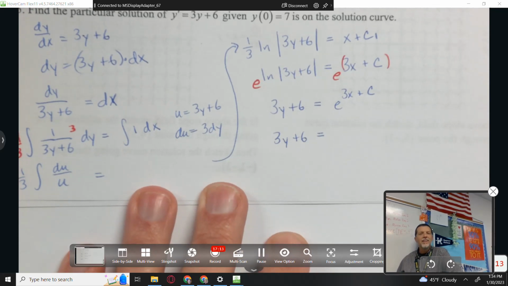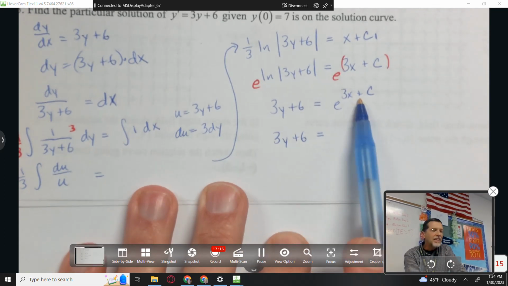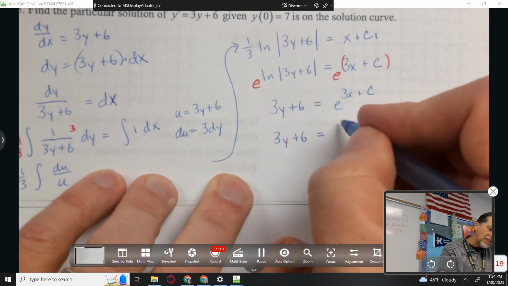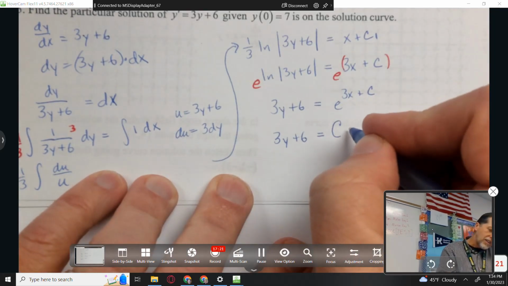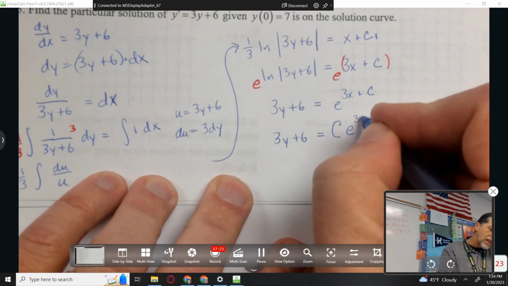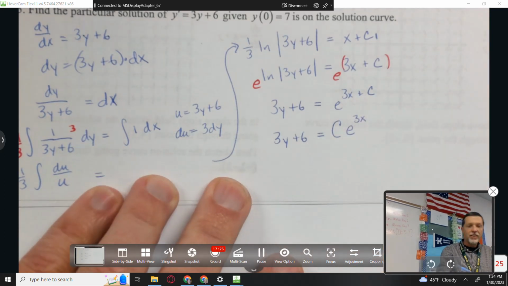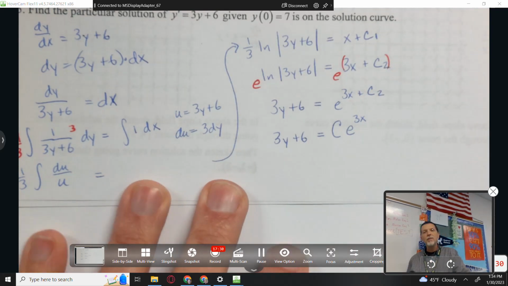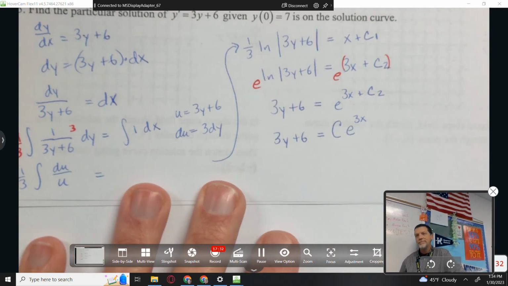C e to the 3x. Yeah, that plus c means times e to the c, so why don't I just stick a c out front? And again, that's a different c altogether there. So if you want to go back and rename your c's, that's fine. If you just want to not worry about it, also fine.